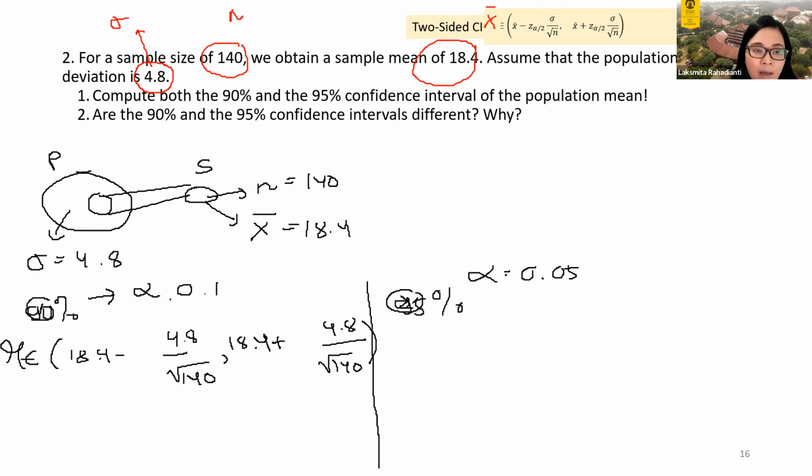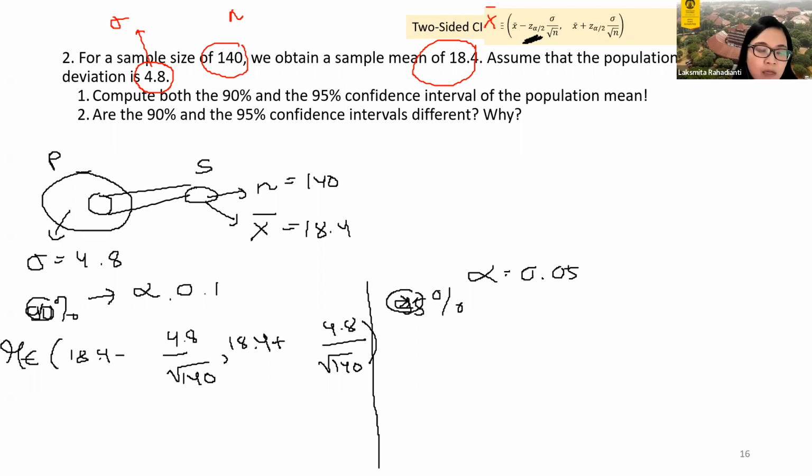So I'm going to look up now our z alphas. Our alpha here at the moment is 0.1. But see this equation. What I need here is not z alpha, but z alpha divided by 2.